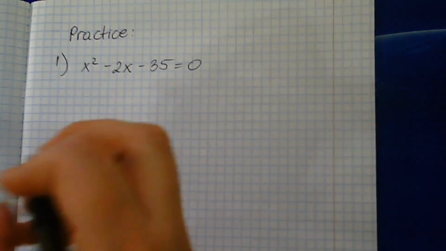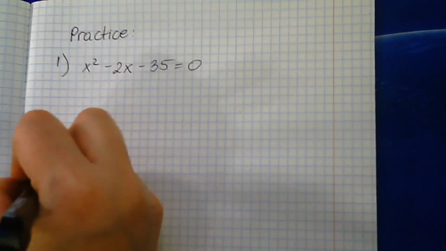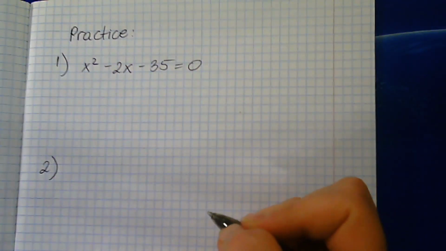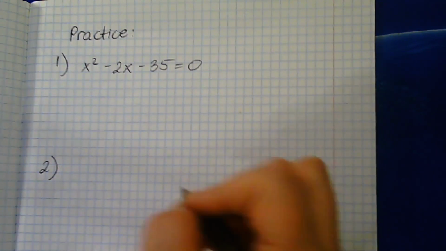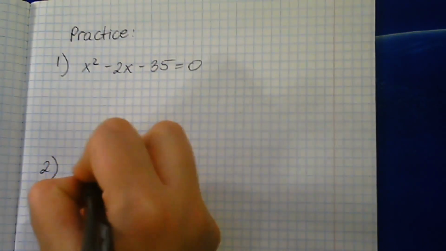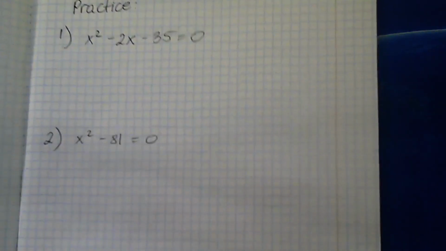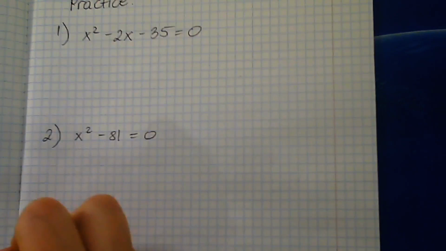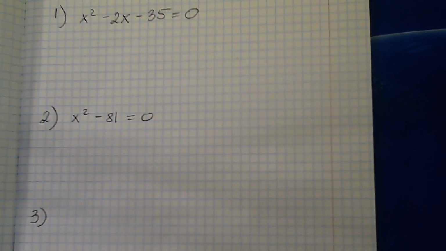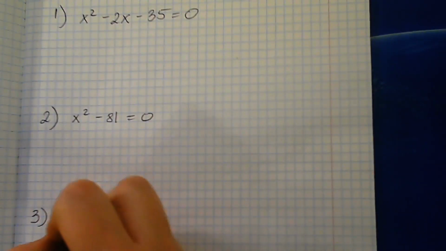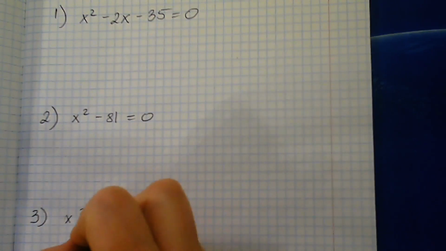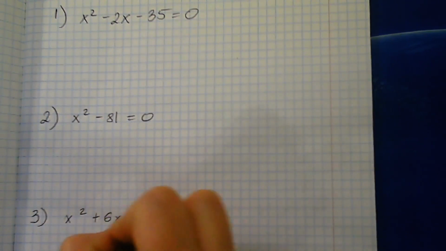The second problem: x squared minus 81 equals 0. And the third problem will be x squared plus 6x equals 0.